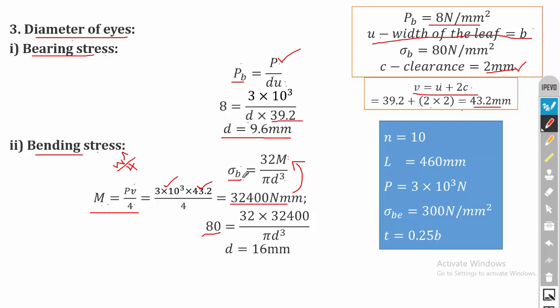I have considered 80, but generally we will consider 90. We can assume between 80 to 90 for sigma, for steel. So substitute it and calculate the value of diameter, that is d is equal to 16 mm. Take the maximum value as the diameter of the bolt. Here the maximum value is 16 mm. So 16 mm is the diameter of the eye bolt.